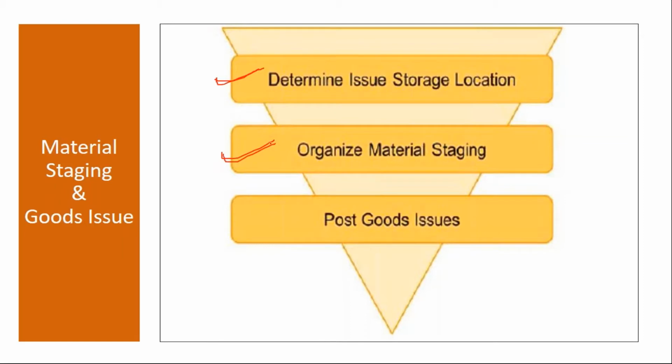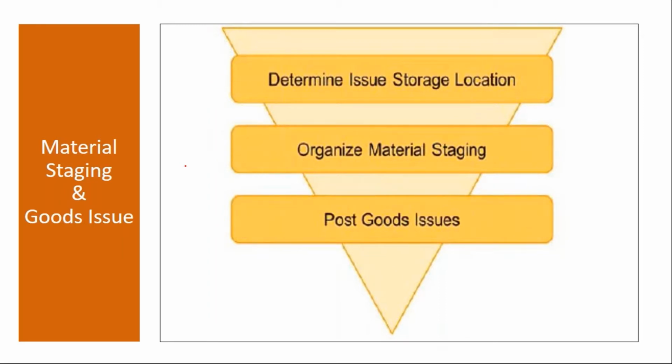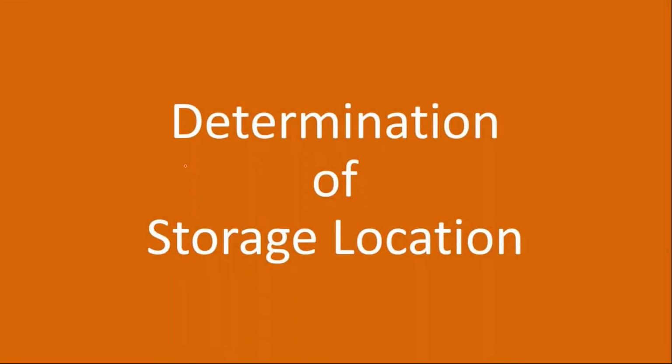They will issue the materials physically, and after that, they will go to the system and post the goods issue. They will post the stock in the SAP system. After physically issuing the raw materials, input materials, they will do the goods issue posting in the SAP system. First we will start with the determination of the storage location in the production order.